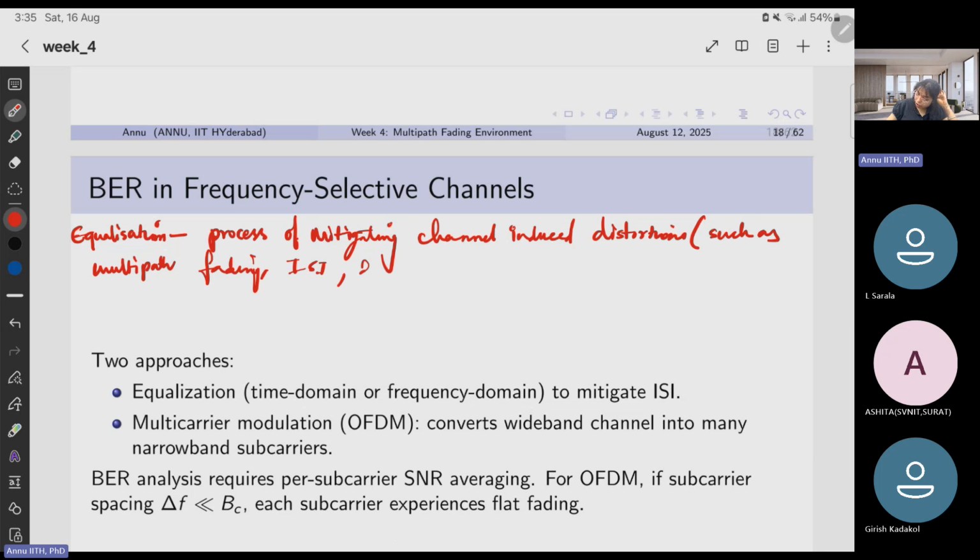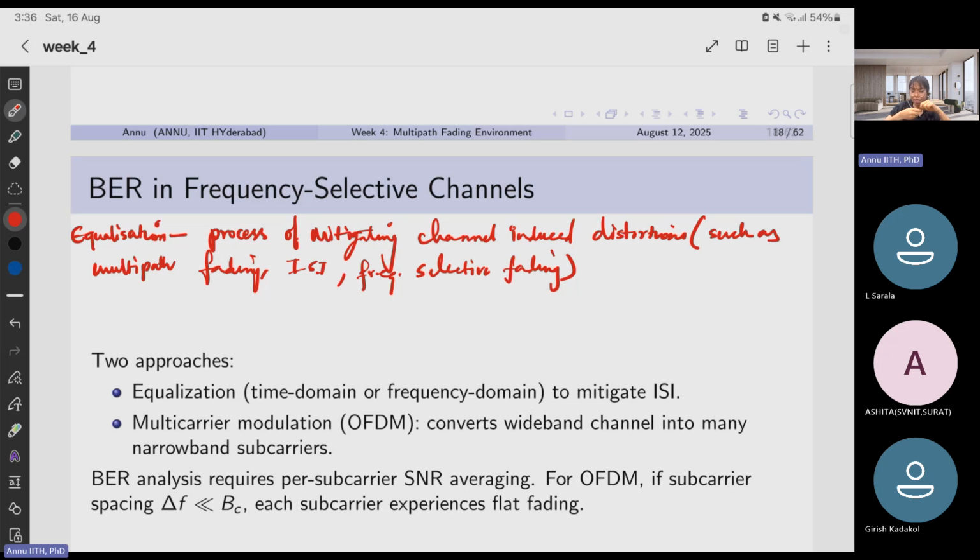What does frequency selective mean? Wireless communications are not ideal, as we know. So equalizers are actually nothing but filters, which can be linear, non-linear, adaptive, or fixed, designed to counteract these distortions so that the received signal resembles the transmitted one as closely as possible.